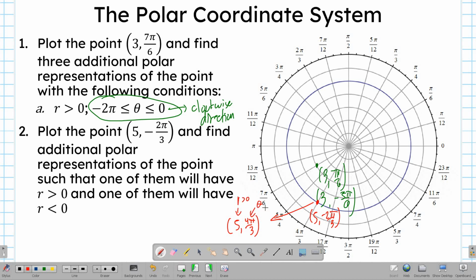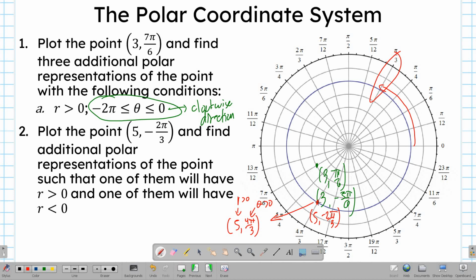Now, if we would need a negative r, that means the angle should be somewhere here, so that when it becomes negative, it moves here. This is 4 pi over 3. If we move to the other side, its opposite, quote unquote, is at pi over 3. So we can use this angle here so that the positive angle is at pi over 3.